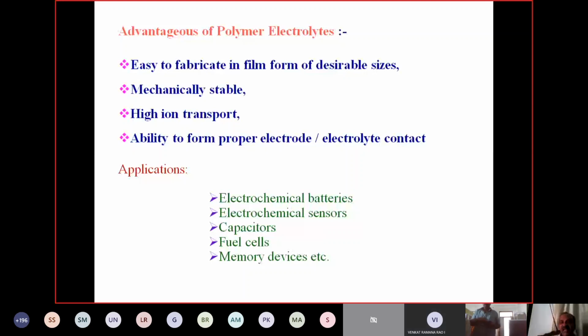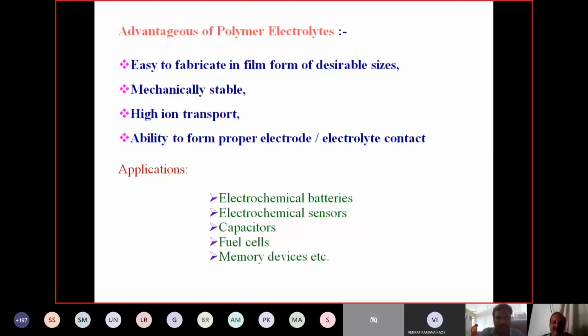They are also mechanically stable and have high ion transport, that is high ionic conductivity, which we require for the electrolyte material. Only then will the device have a longer life. And the fourth one is the ability to form proper electrolyte contact. If you take a device like a battery, at the center the separator is there. The separator we call the electrolyte material.